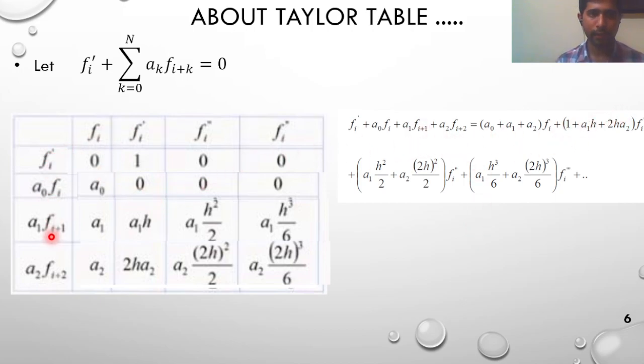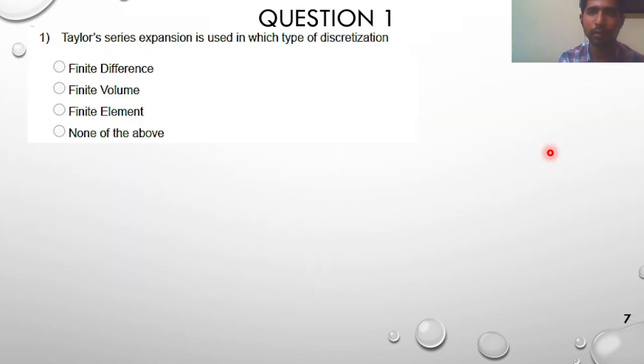You just add these columns, column 0, column 1, 2, 3, 4. Column 1 to 4 will be RHS, column 0 will be on the LHS, and then you equate these to 0, because on the RHS we have 0. Now Fi cannot be 0, so A0 plus A1 plus A2 will be 0. Then you get the a1, a2 terms. That is the procedure.